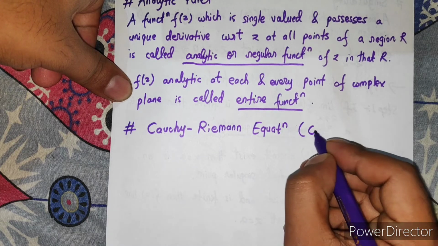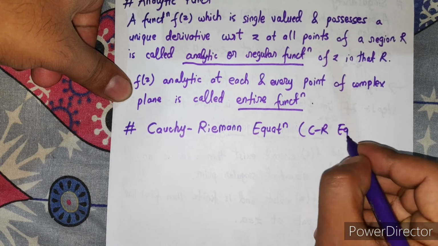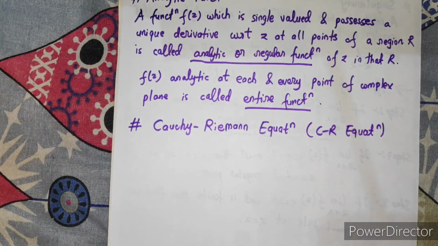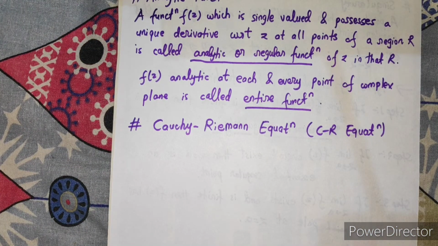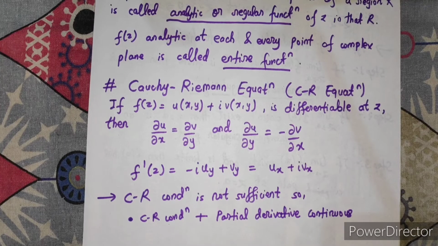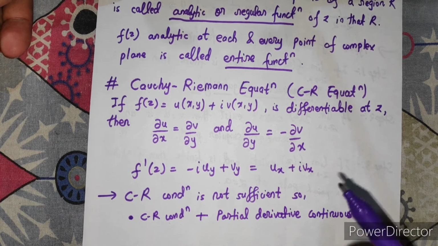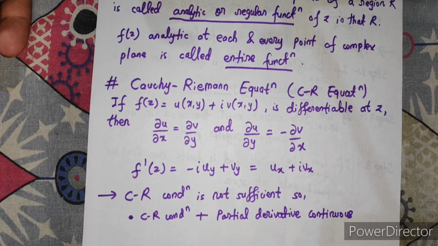It's also called the CR equation in short. We will use this here; we will not write the whole thing out. Let's see this equation. I didn't take the time to record the writing of this. So as you can see, what is the Cauchy-Riemann equation?